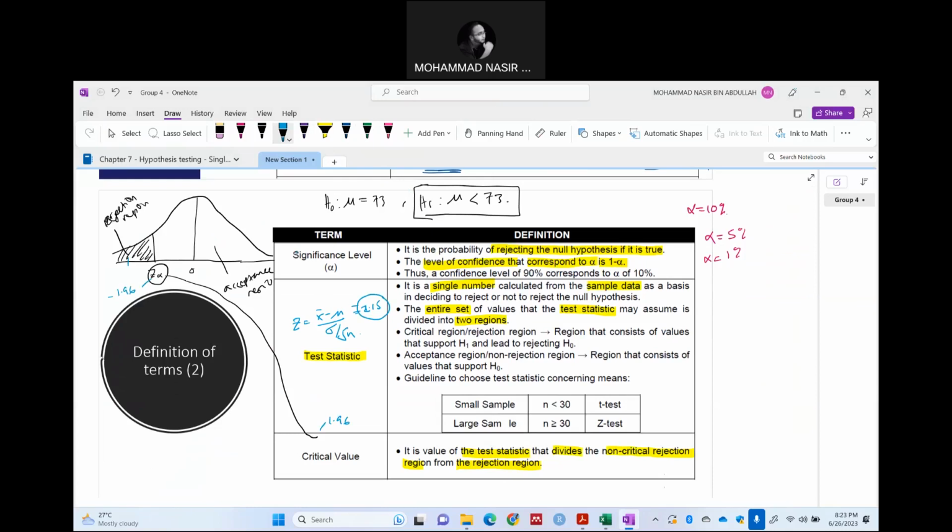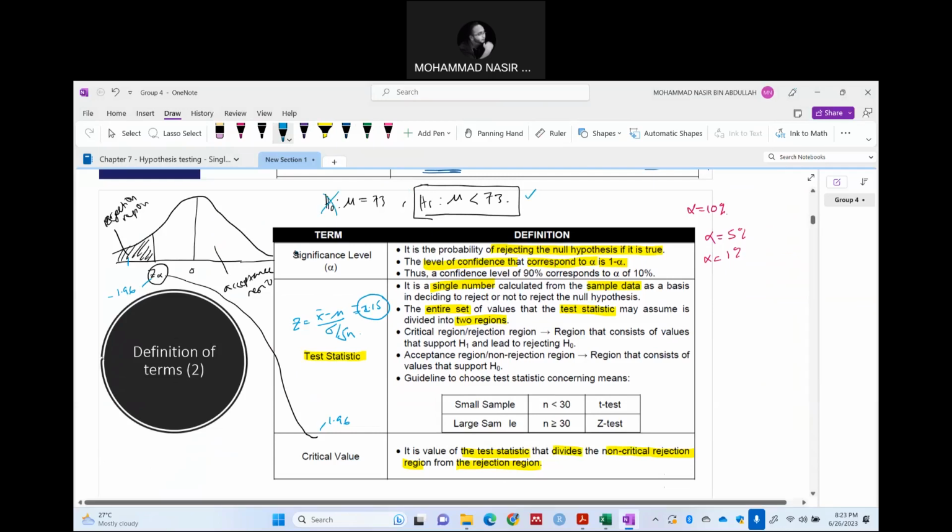Since Z calculated, negative 2.15, lies inside the rejection region, we will reject the null hypothesis and accept the alternative hypothesis. And we conclude based on the alternative hypothesis, where the mean weight of all students is less than 73. Any questions so far?